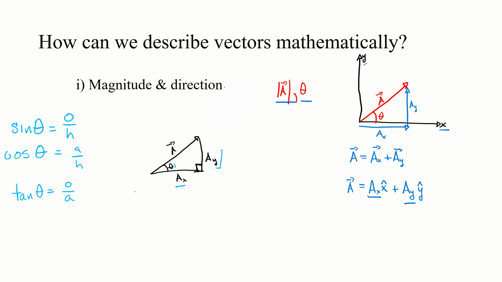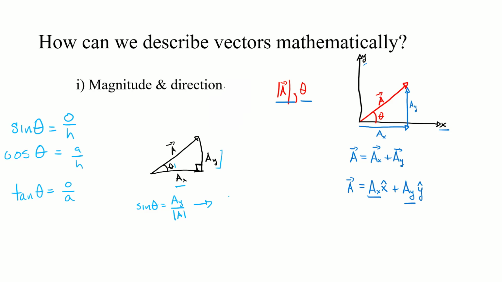So if I use these trig relationships, I can relate the magnitude of the vector, i.e. the length of the hypotenuse, with the length of either of these two sides. So we have sine theta is equal to the opposite, which is ay, over the magnitude of the hypotenuse, a.